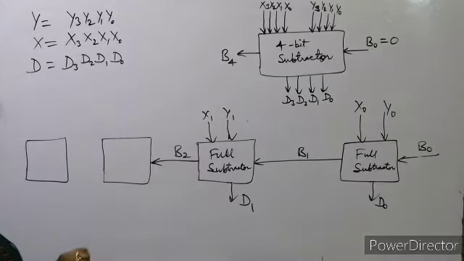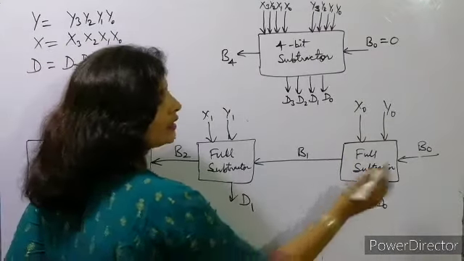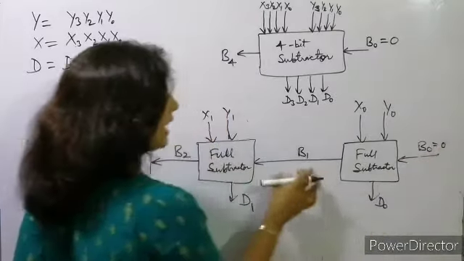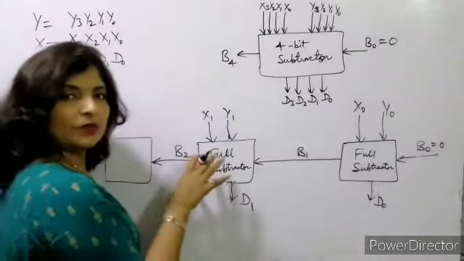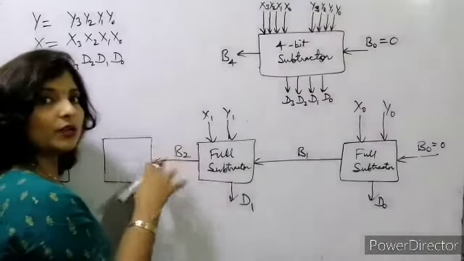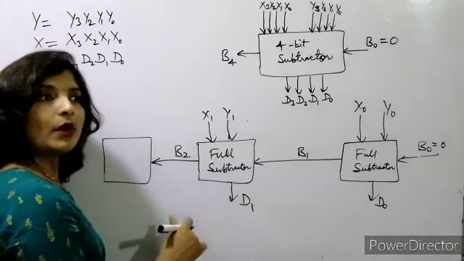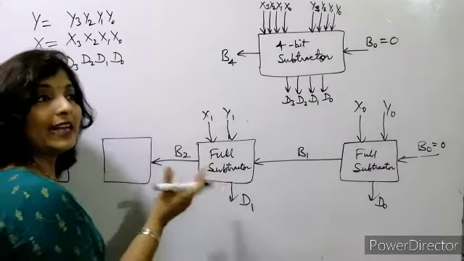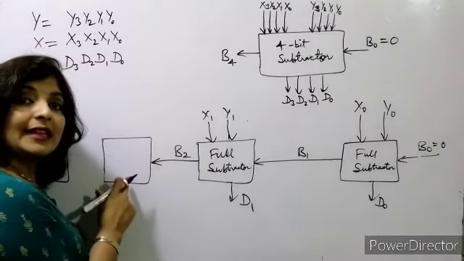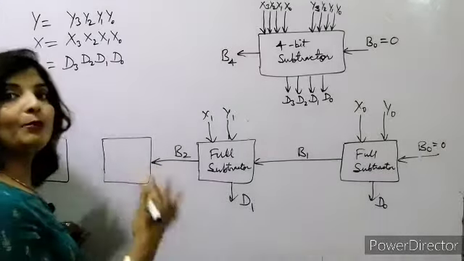So the borrow coming from the lower order bit will be considered an input for this one. And its output will be d1 and b2, whatever the borrow out is, the borrow out of the output will go to the next order bit, and in that next order bit it will be considered an input.